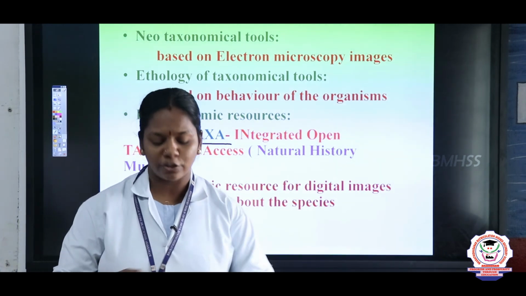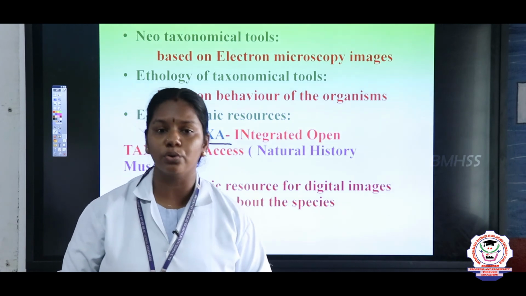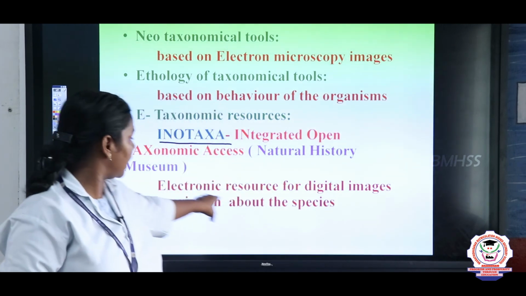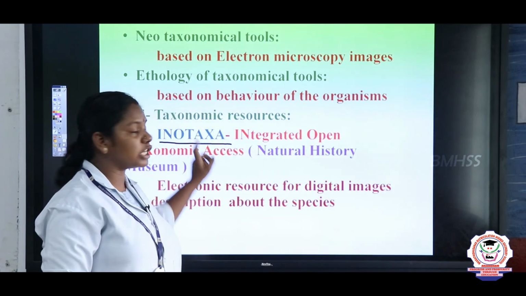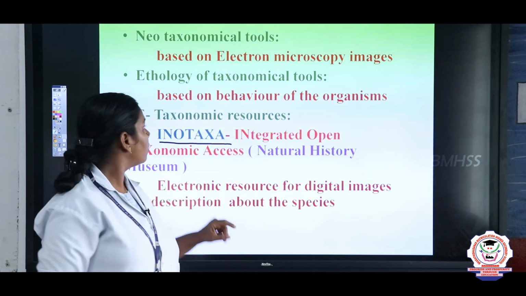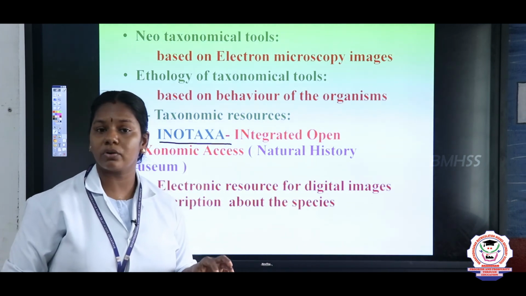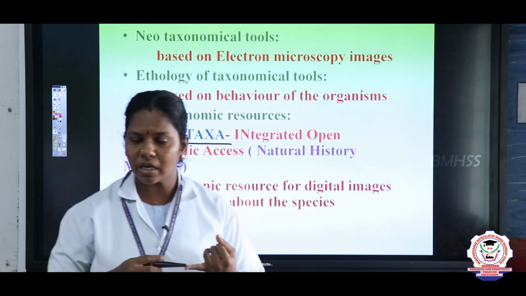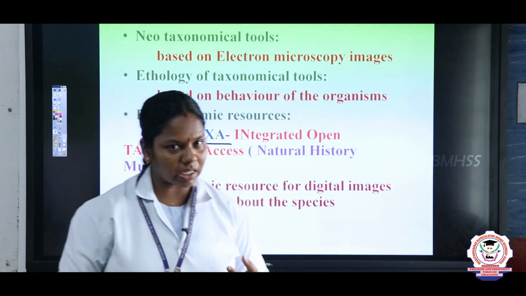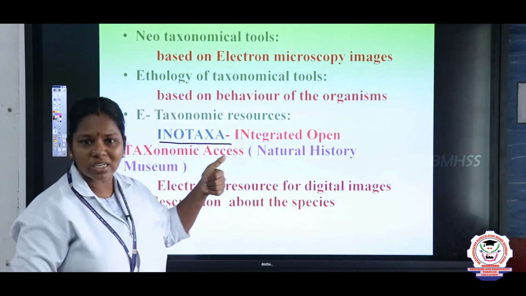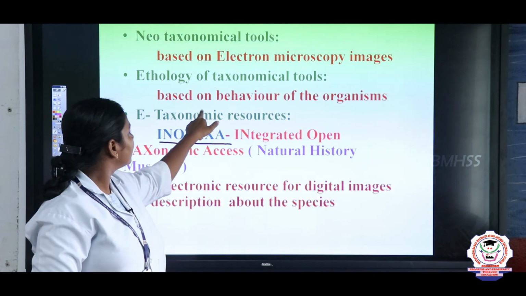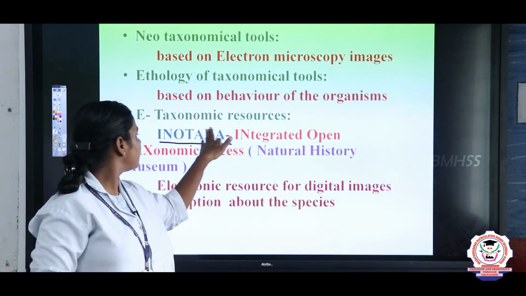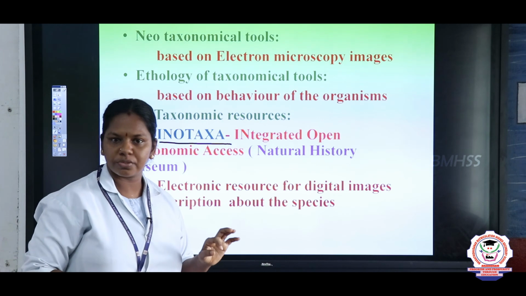For example, if you are studying any organism and want to know the microscopic images, we can use this tool, that is Enotaxa. So in this lesson we have discussed the classical taxonomical tools, molecular taxonomical tools, cyber tools, neo-taxonomical tools, ethology, and e-taxonomic resources.